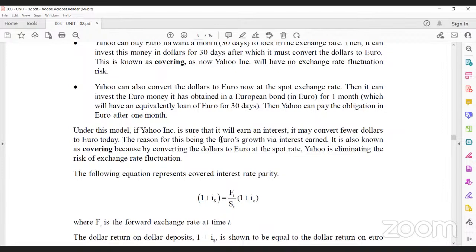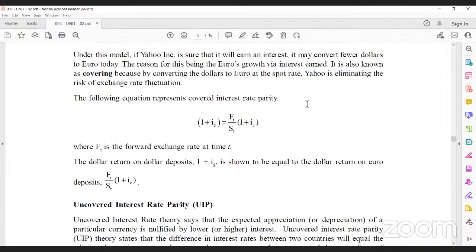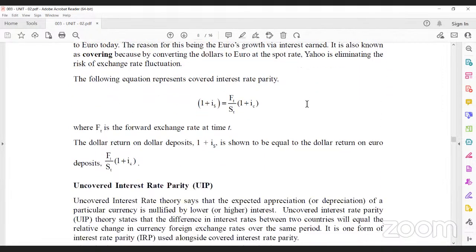But today, whatever rate is there in the spot market, that spot rate is being considered. This will totally eliminate the exchange rate fluctuations. And probably the equation can be represented as given below, where F stands for forward exchange rate and T stands for time.